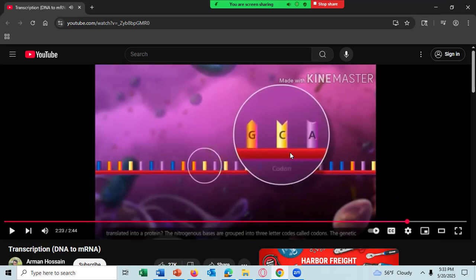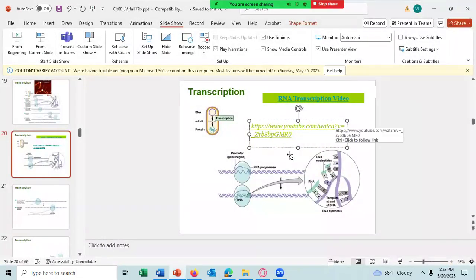Let's stop there too. All right, any questions about any of that? So once again, the double strand of DNA has to be made single strand DNA for transcription to occur. It's very similar to DNA replication. And how that gets made into single strand of DNA is helicase opens up the DNA.